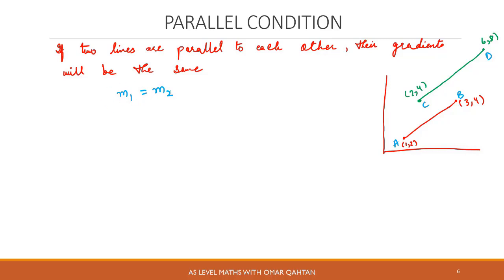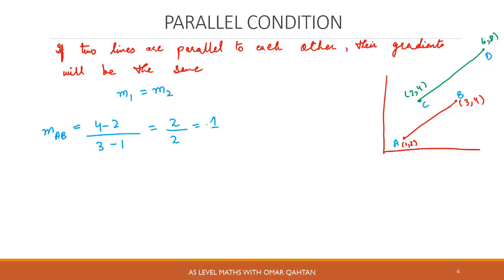Let's assume these two lines AB and CD are parallel to each other, then they would have the same gradient. So let's find out. M of AB is equal to 4 minus 2 upon 3 minus 1, which is 2 upon 2, equal to 1.